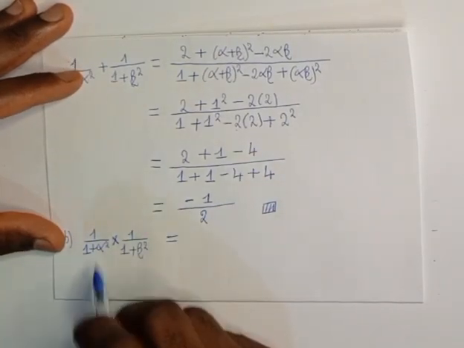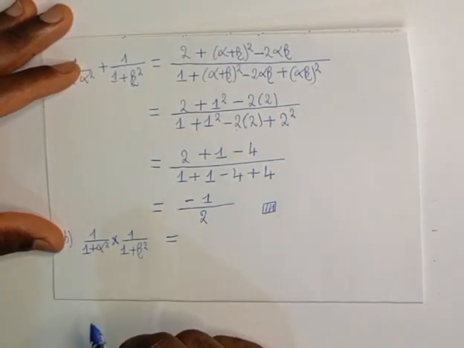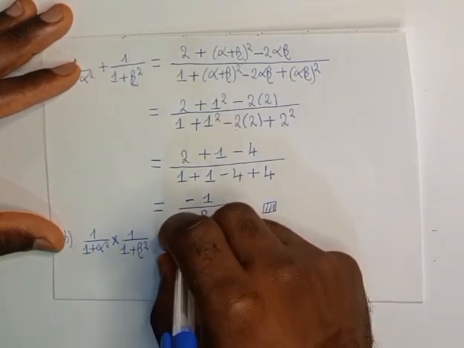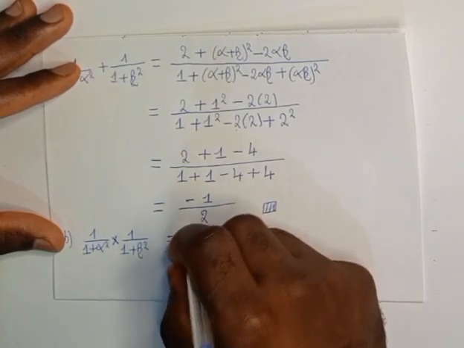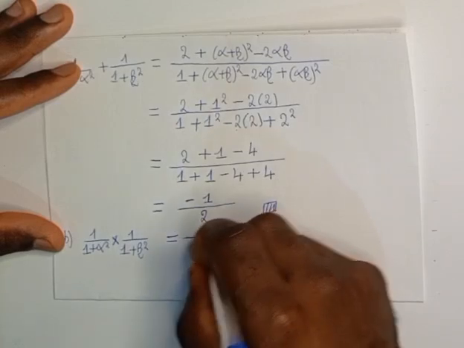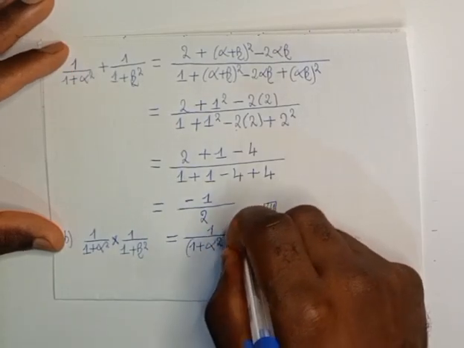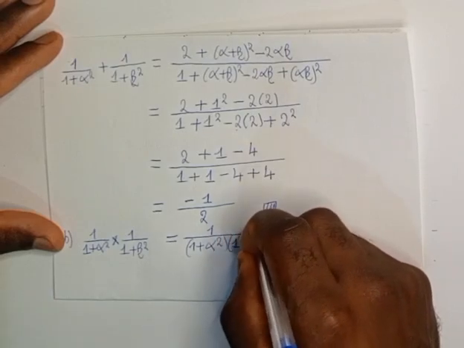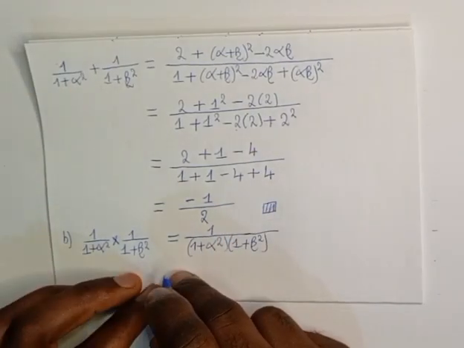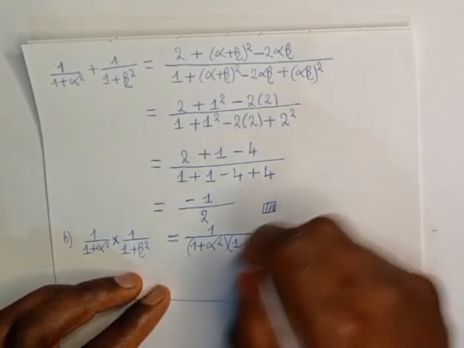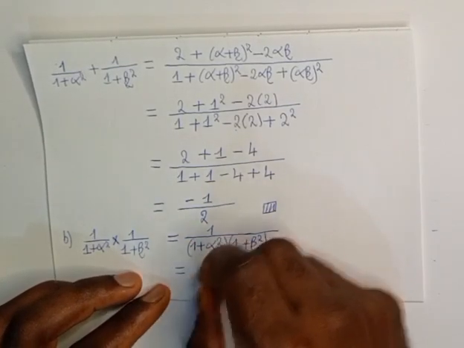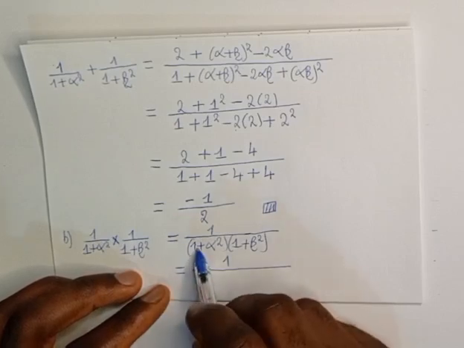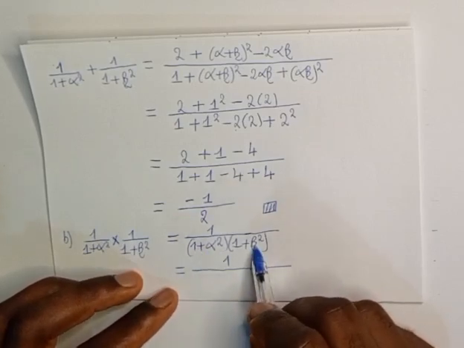This will simply be equal to, we are multiplying two fractions, multiplying the numerators, 1 times 1 remains 1, all over 1 plus alpha squared times 1 plus beta squared, as such. This will simply be equal to 1 all over, we perform the expansion of the denominator.